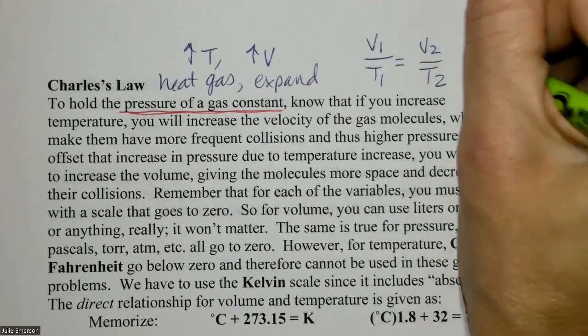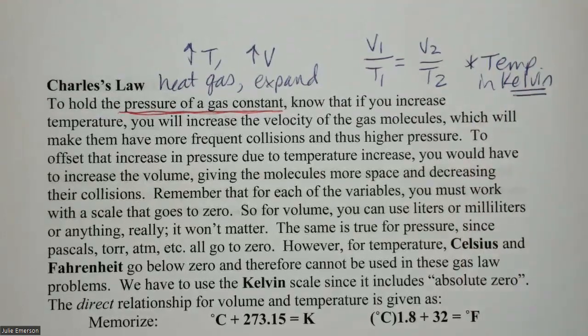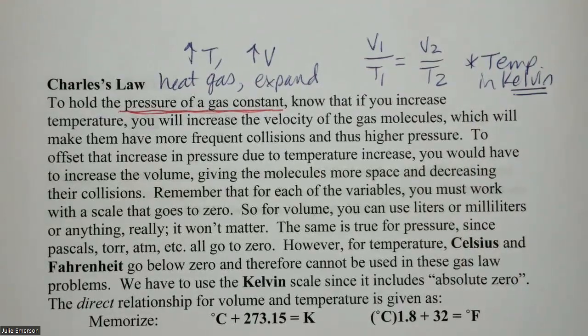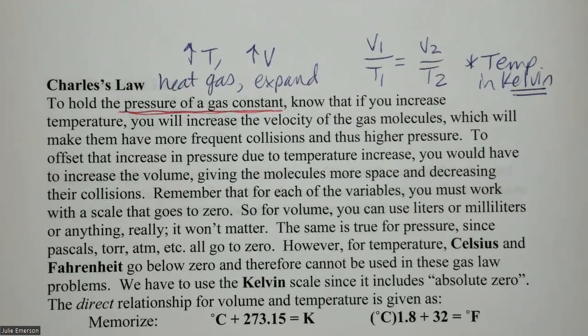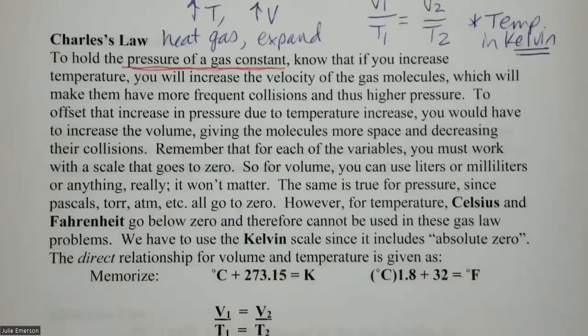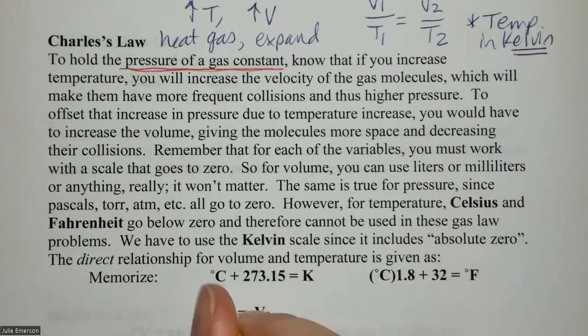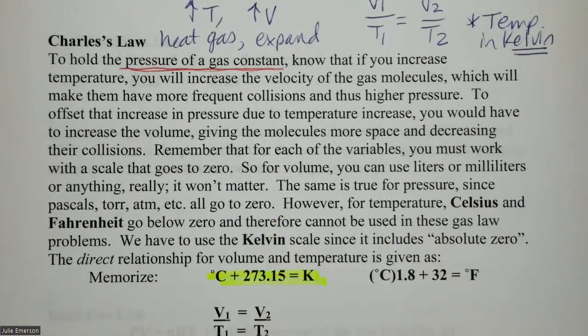But this is where it starts to become important to always remember temperature always has to be in Kelvin. And I'll say it a lot, and inevitably there will be a couple students that will just forget that and they'll leave it in Celsius, but make sure you're always on the Kelvin scale. All right, so remember that conversion from the first chapter, the temperature, you add your 273.15 to get to Kelvin.